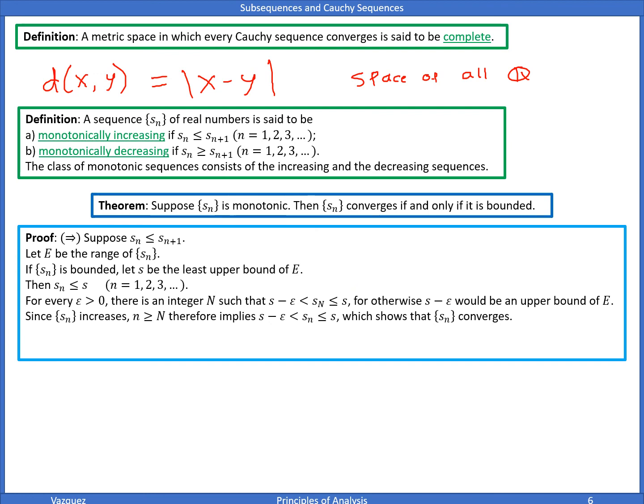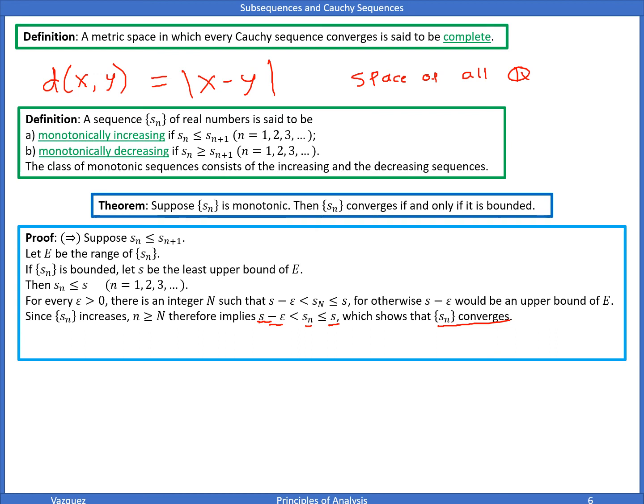Since the sequence increases, n greater than or equal to capital N therefore implies that s minus epsilon is less than S sub n, less than or equal to the supremum s, which shows that S sub n converges, right?